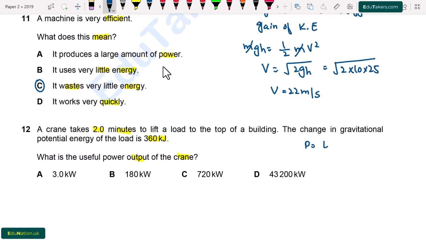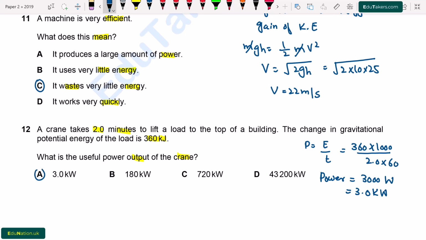Power is the rate of transfer of energy, that is E over T. Energy is given as 360 kilojoules, so I multiply it by 1000, divided by time, which is 2.0 multiplied by 60, since I have to convert the time into seconds. So power will be equal to 3000 watts, which is also equal to 3.0 kilowatts. So option A is correct.